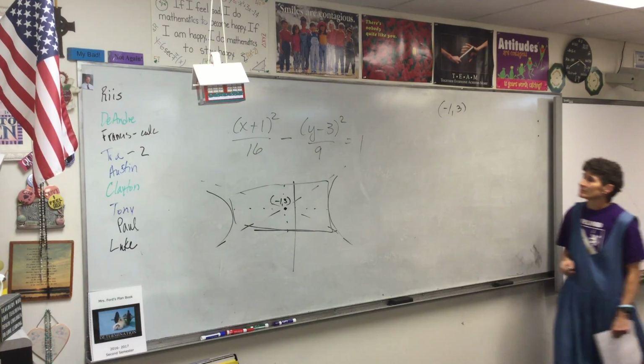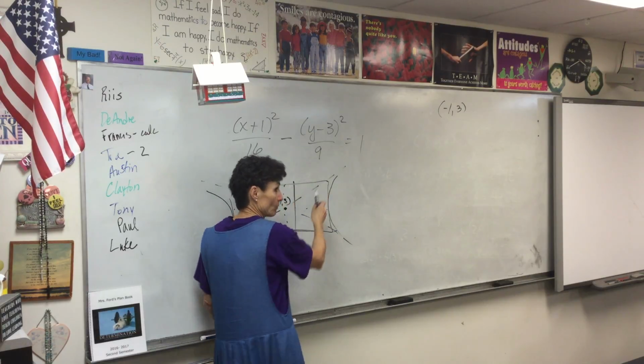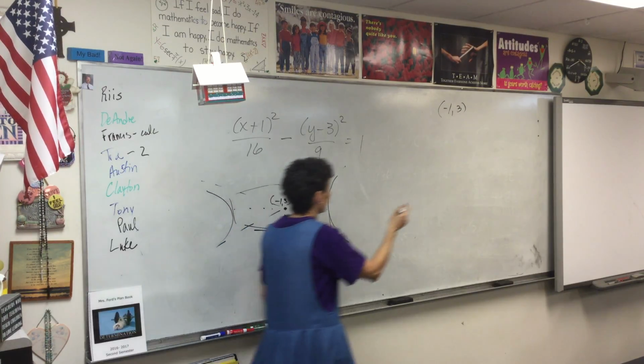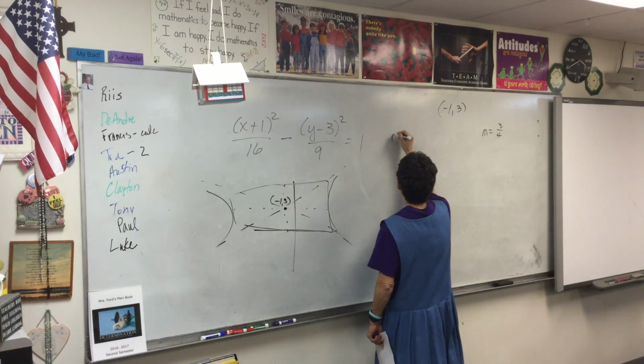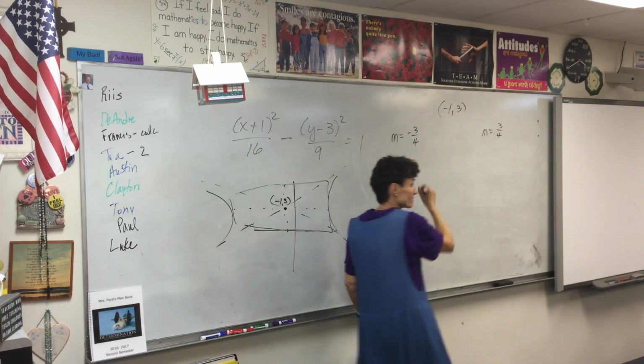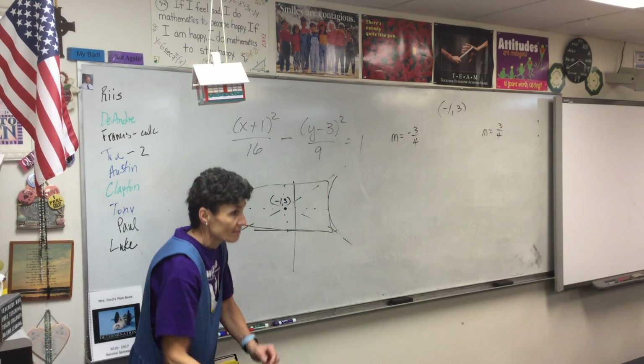Thank you. All right. So we're counting up 3 and over 4. So one slope is 3/4 and the other slope is negative 3/4. Remember, the slopes are always opposites of each other.